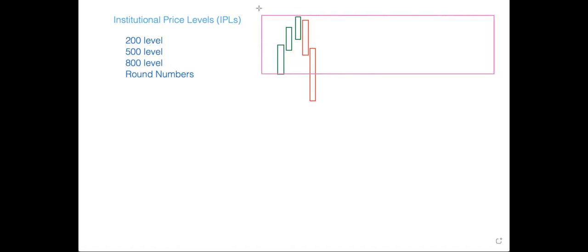Just imagine that these lines are the price levels that I'm going to set here. I will tell you which one is which.